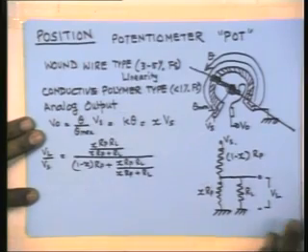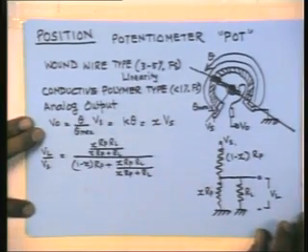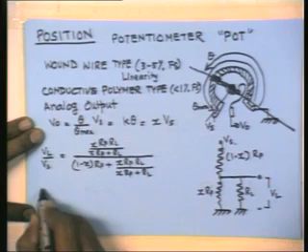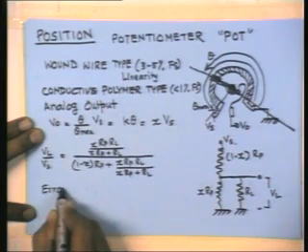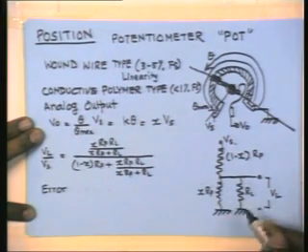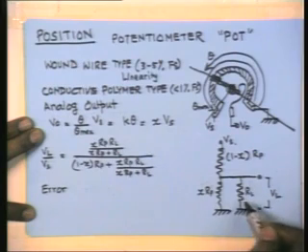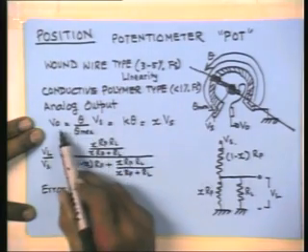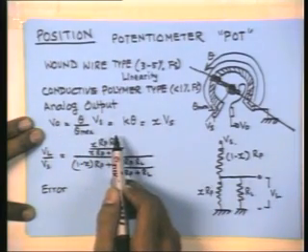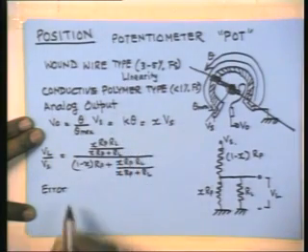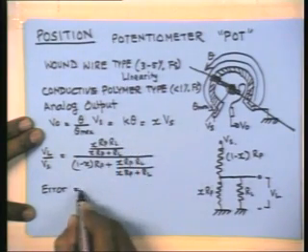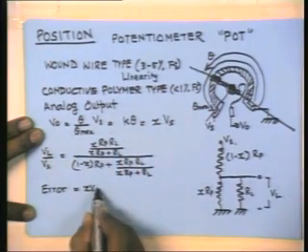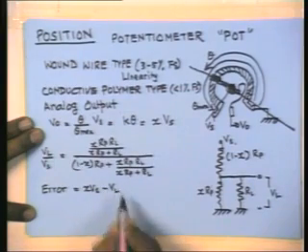So this is what we will actually measure, and if you say that there is some error compared to the ideal situation where RL approaches infinity, then you will see that this will approach the output voltage that we have talked about here. Otherwise you can say that the error is x times Vs minus VL.